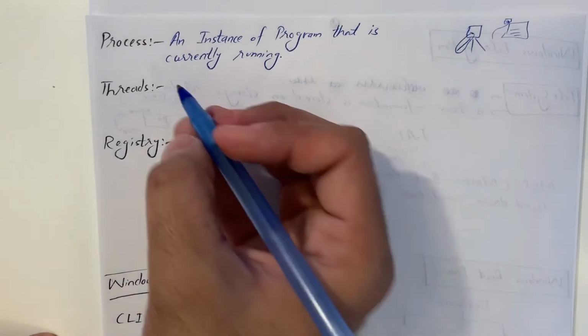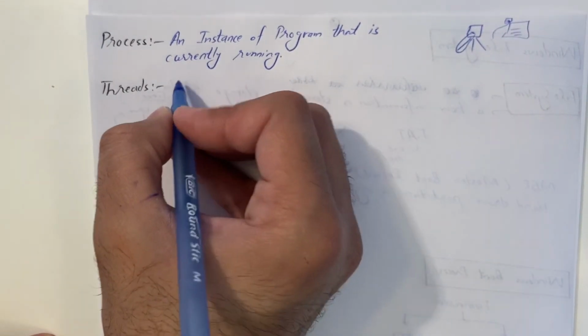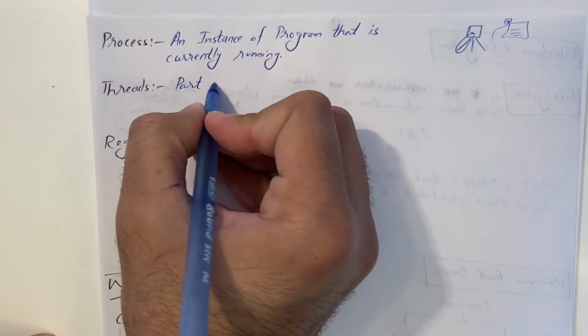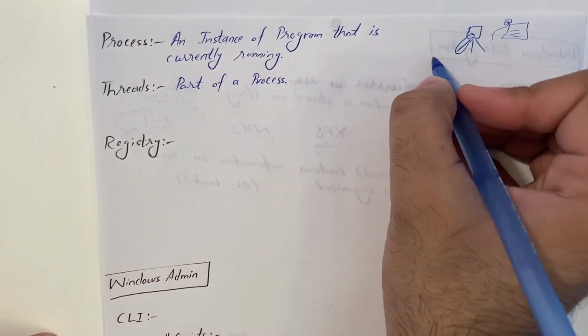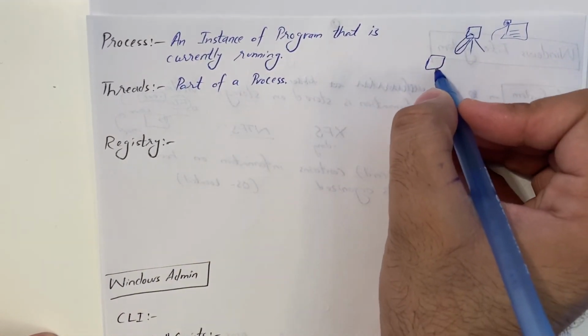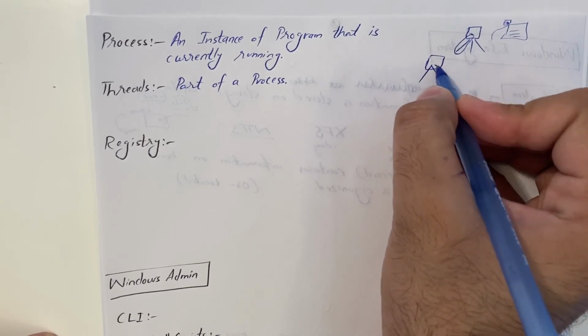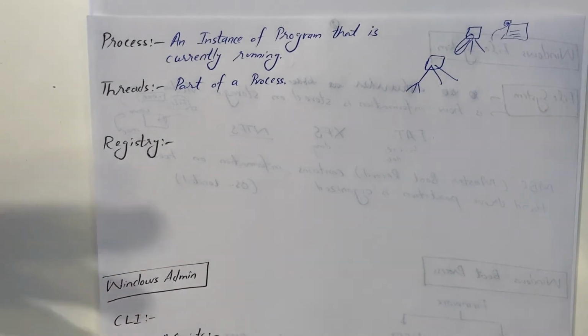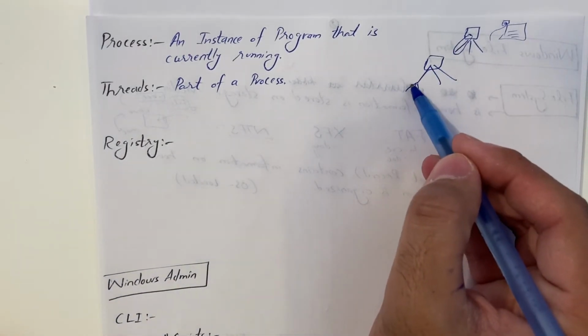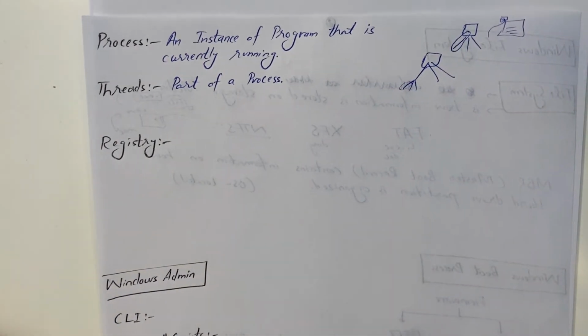In fact, thread. What is a thread? Thread is basically the part of a process. Just like, for example, this is the program or software. Software can have, let's say, 3 processes. A process can have, let's say, 3 threads. So that's basically a thread. Within the process, you might be in that particular thread maybe.